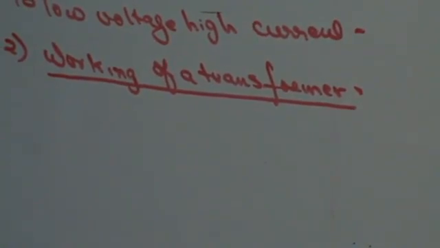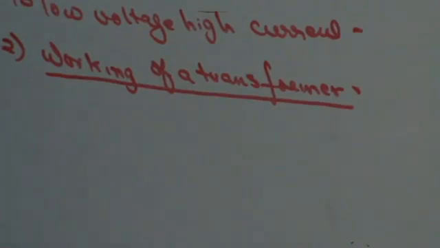I have EMF applied to the primary. As it is an alternating EMF, it will go on changing with time. As the EMF changes with time, it is going to induce a magnetic flux in the primary, right? And this magnetic flux which is induced in the primary will keep changing. Now, the magnetic flux of primary is linked with the magnetic flux of the secondary. Hence, you would have a changing magnetic flux in the secondary.